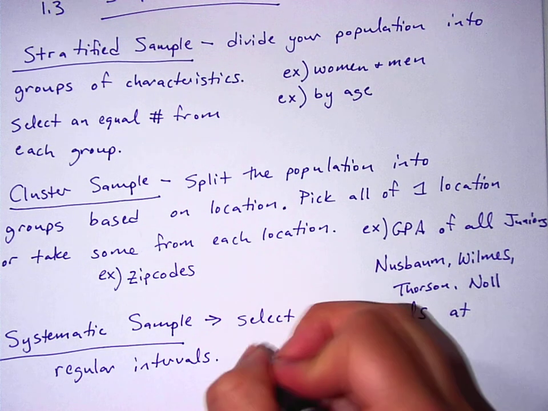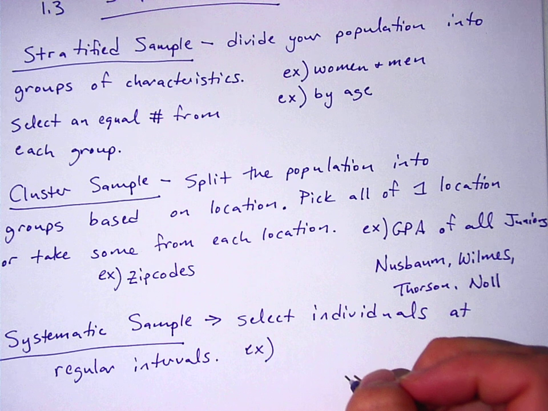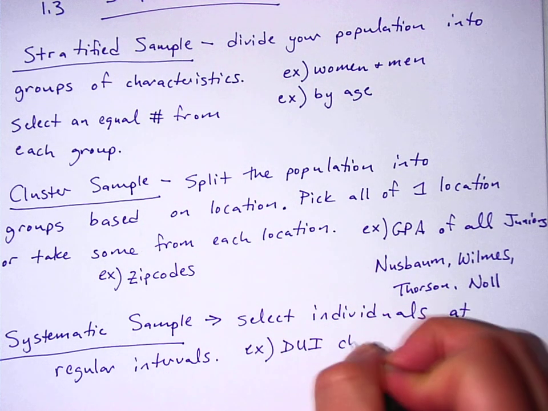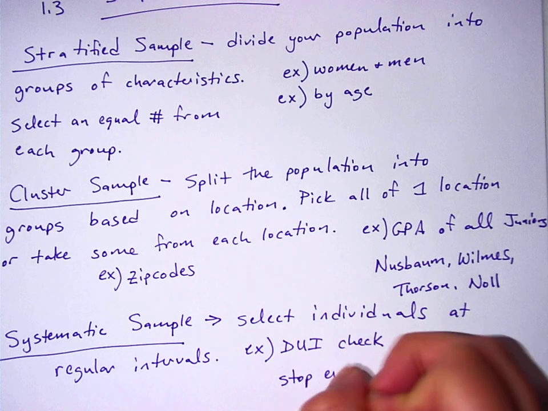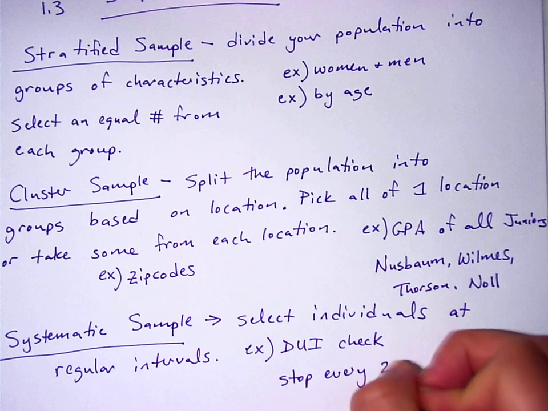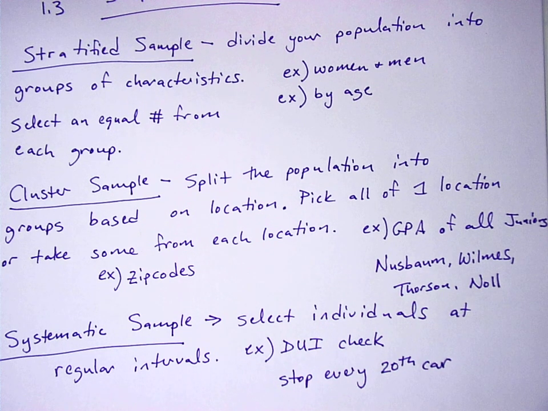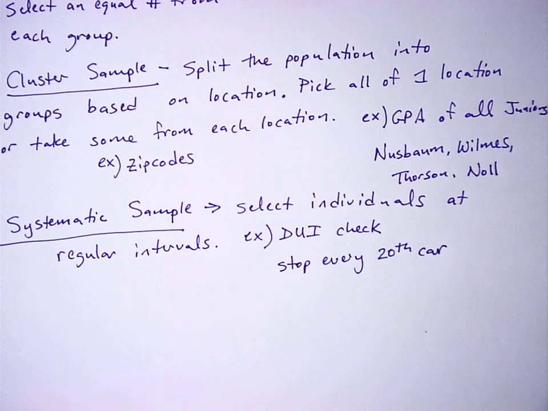So let's say an example of this would be like a DUI check. So maybe they're checking to see if anybody is driving under the influence, and then they decide they're going to stop every 20th car that they see. Or maybe you ask a question and you're only going to ask every 5th person you see in the hallway. That's systematic.